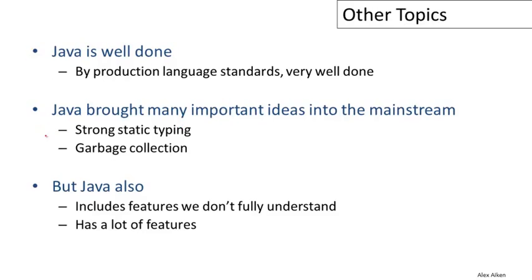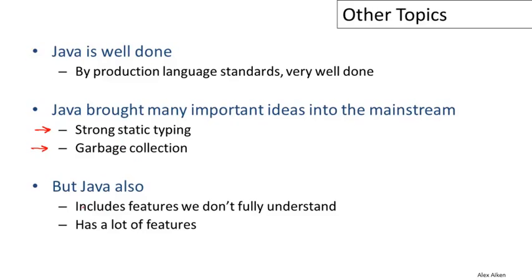And in particular, Java was the first language to be very widely used in commercial settings that had strong static typing, that had real guarantees that were provided by the type system, and also that was a managed language that had garbage collected memory.